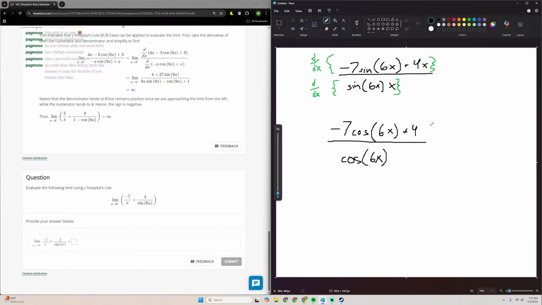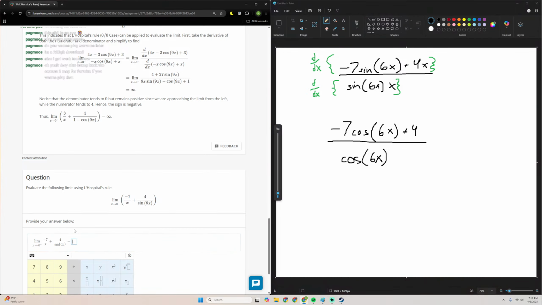That's cosine 0. Actually, here, -7 cosine. Oh, whoops, I should put parentheses over the whole top. Zero. Plus 4. 3. Yeah, -3.